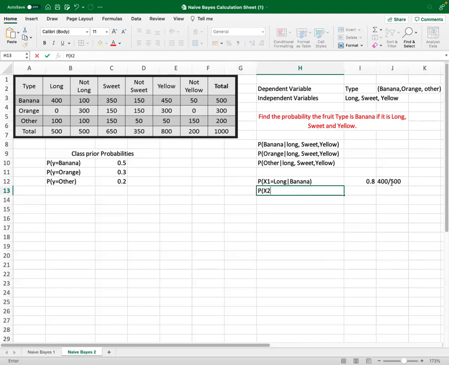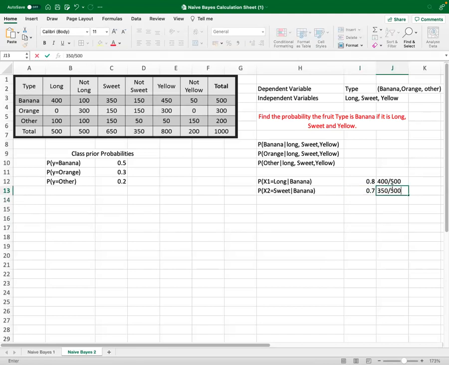Probability of x2 is equal to sweet given it is banana. So how many bananas are sweet? 350, so 350 divided by total number of bananas 500. 0.7.